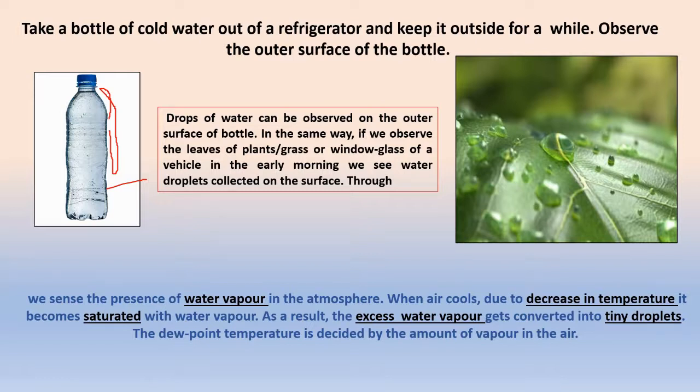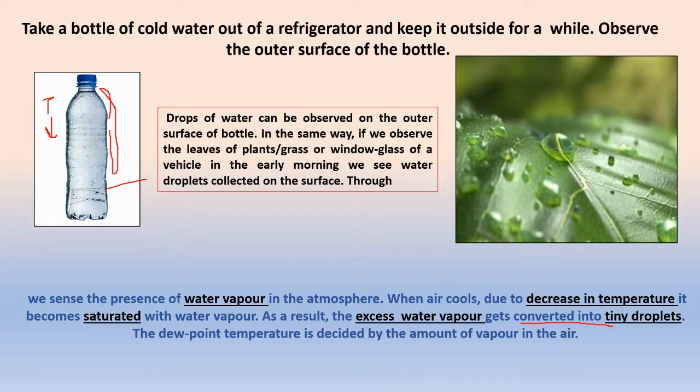Now when the temperature of the air beside the bottle decreases, it becomes saturated with vapor. And when it becomes saturated, the excess water vapor gets converted into tiny droplets, and we can see droplets all over the surface of the water bottle, right?